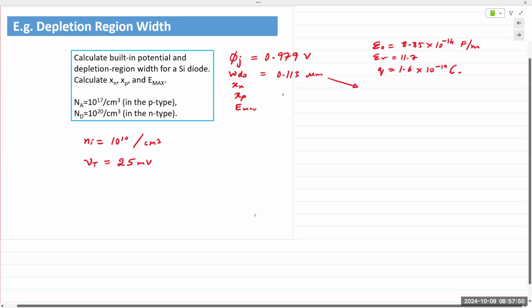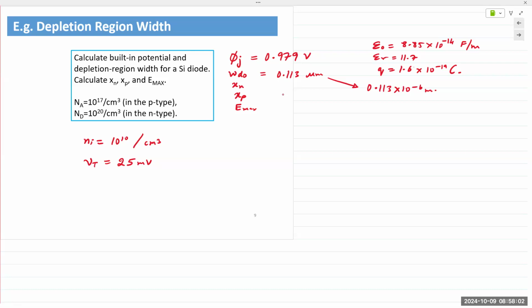So that would be 0.113 into 10 raised to minus 6 meters, or 113 into 10 raised to minus 9. Okay, that is what you got. Oh, 10 raised to minus 5. Okay, that is correct then. Anyone else? Only one student out of 20?